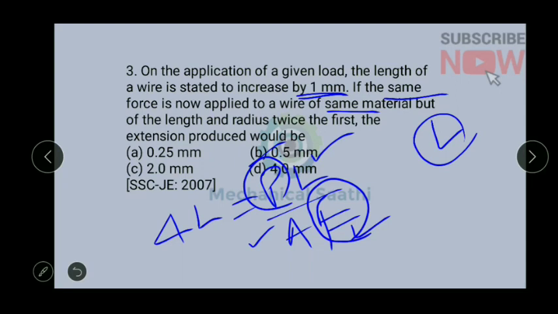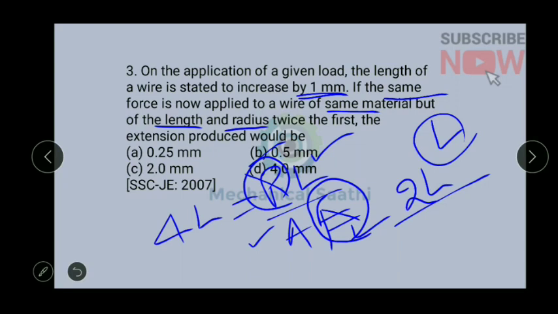But what is changing is the length. The length is becoming twice, so I can write 2L over here. These two are constant, so we can neglect them. The length is becoming 2L, and the radius is changing too. In the previous case it was r, but in the next case it is becoming 2r.